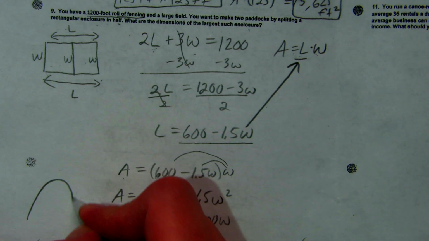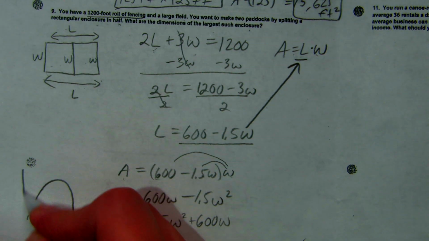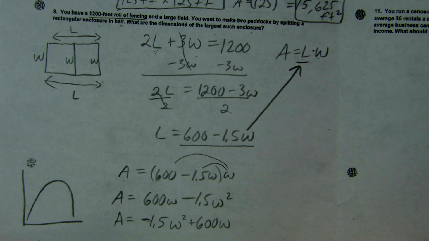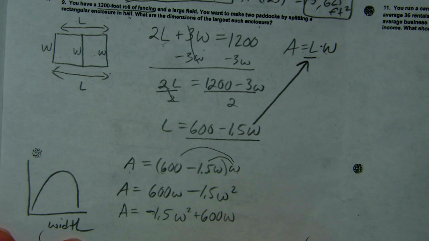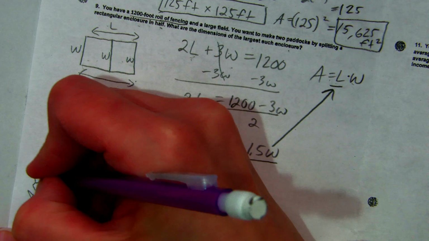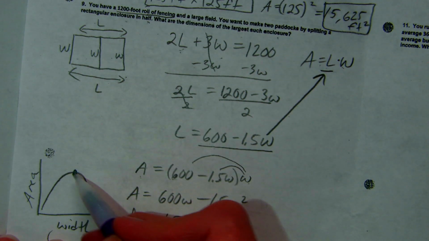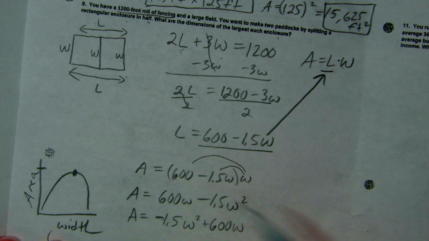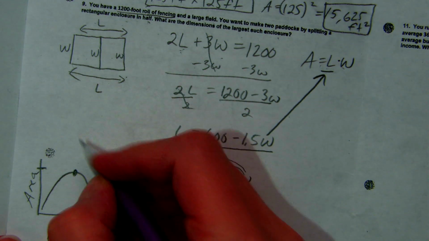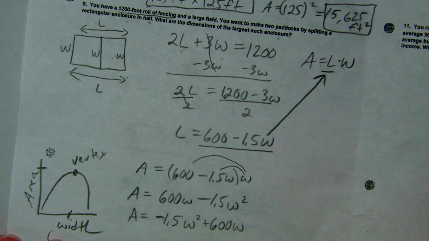What we're doing is looking at a function that has width, and we are comparing it to total area. There is a perfect width in the middle that's going to have the biggest area possible, and we're trying to figure out what that is. So this is going to be the vertex.